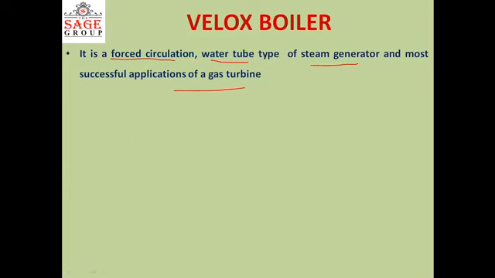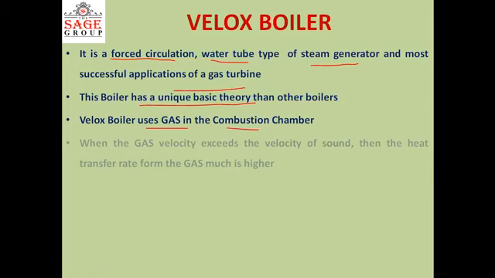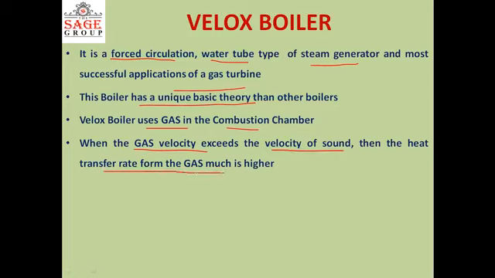The principle of operation of this boiler is different from the other types of boiler, and it has a unique basic theory. The basic theory is that the Bellows boiler uses gas in the combustion chamber, and when the gas velocity exceeds the velocity of sound, the heat transfer rate from the gas is much higher.